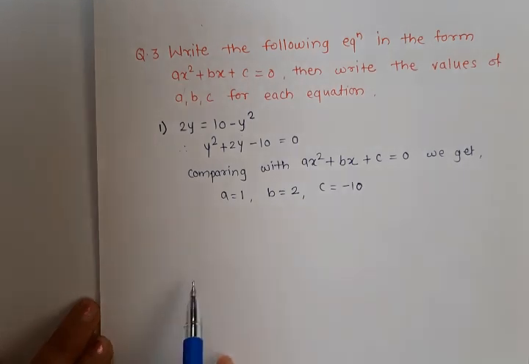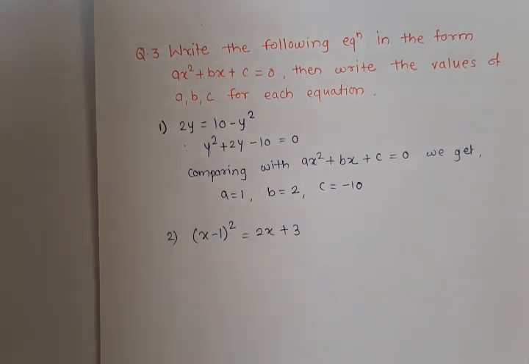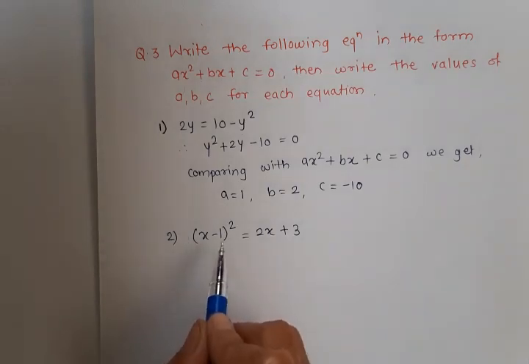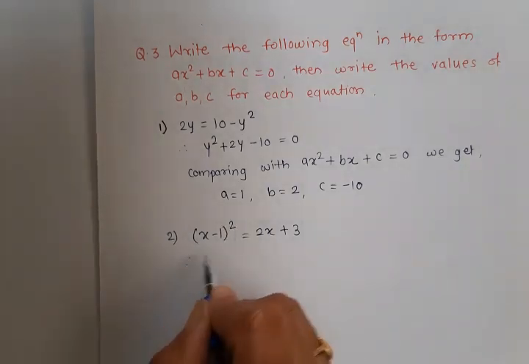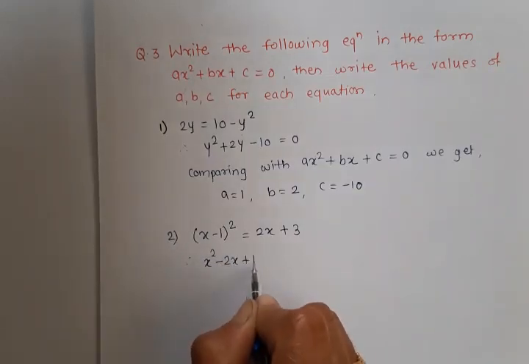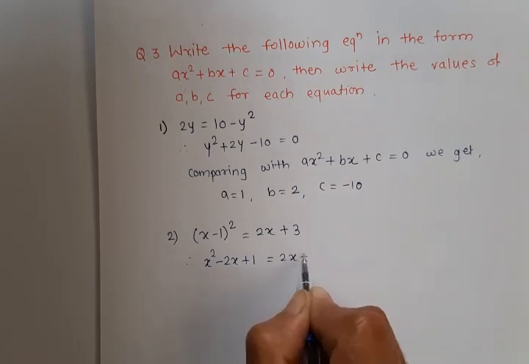One more sum I will take. Second example is there. x minus 1 whole square equals to 2x plus 3. Now here first of all on the left hand side we have to use the expansion formula. x minus 1 whole square. Therefore we will get x square minus 2x plus 1 equals to 2x plus 3.